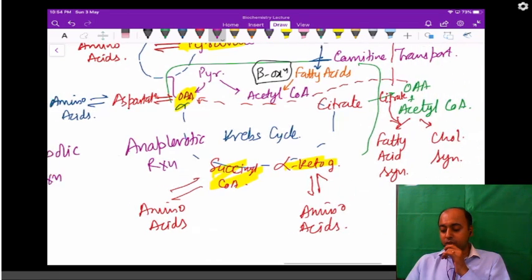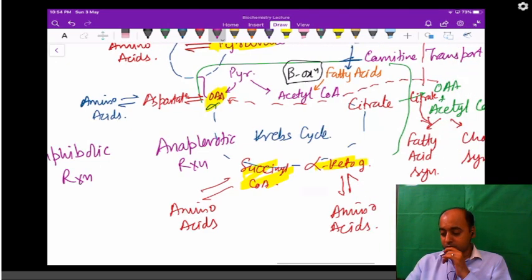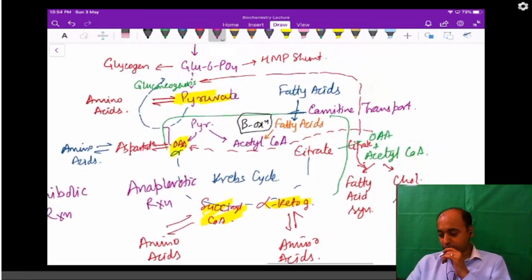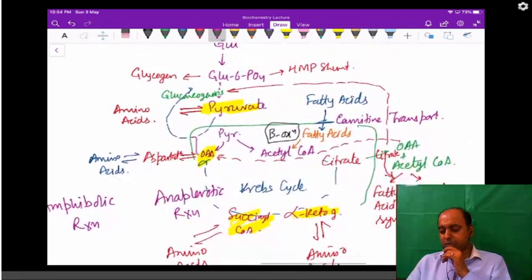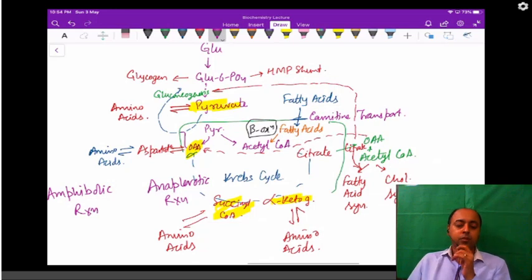We are interconverting the amino acids into the intermediates of the Krebs cycle, and because these reactions are bidirectional, they are also known as amphibolic reactions. So this is how we are briefly linking the various processes.